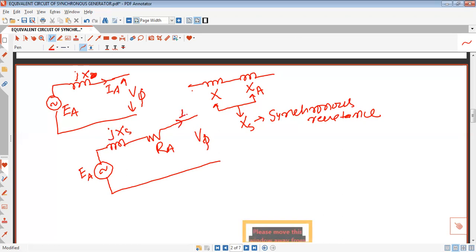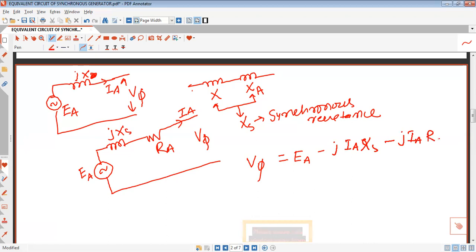If current IA is flowing here, we get the output voltage VΦ using Kirchhoff's voltage law: VΦ equals EA minus jIA XS minus jIA RA, where RA is the armature resistance. So this is our per phase equivalent circuit.